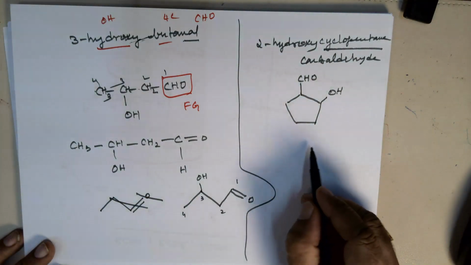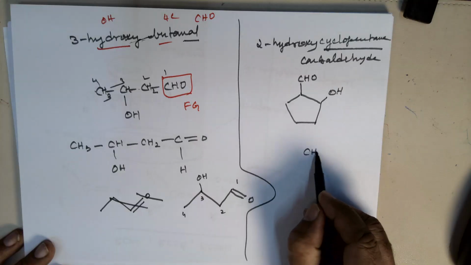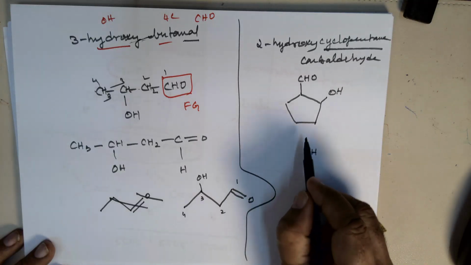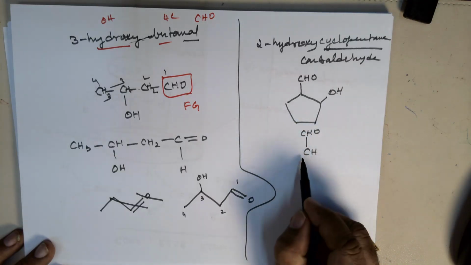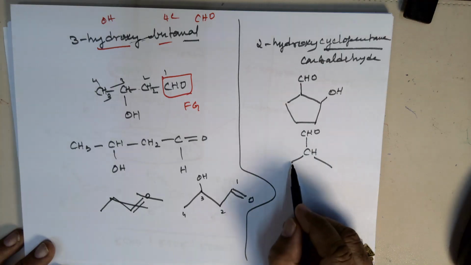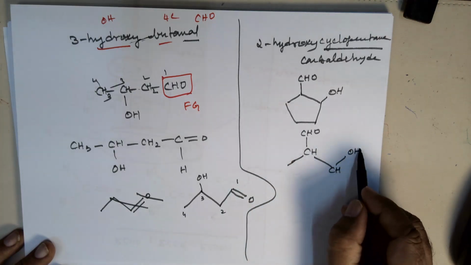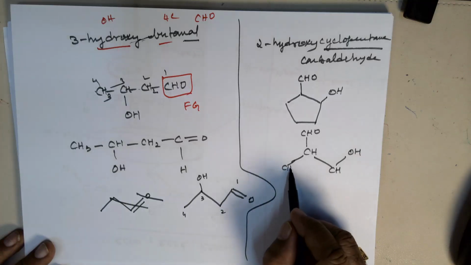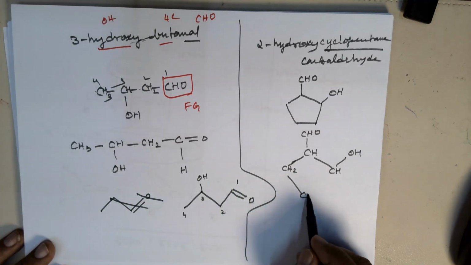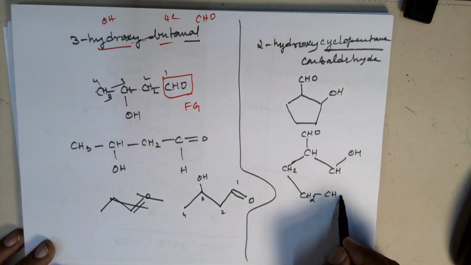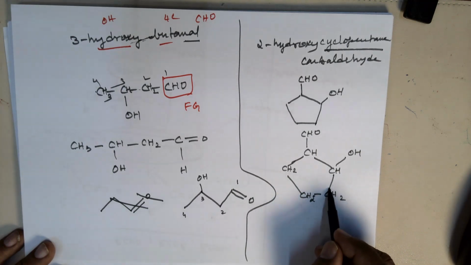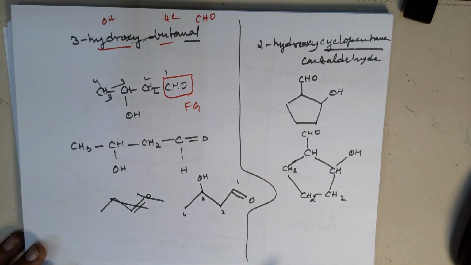And if you want to expand this, CH, CHOH, CH2. So in each corner you have CH2, right? But if it is substituted, then it will lose one hydrogen.